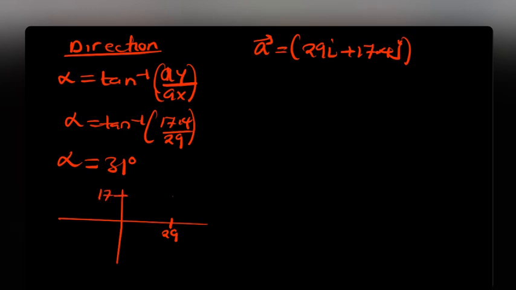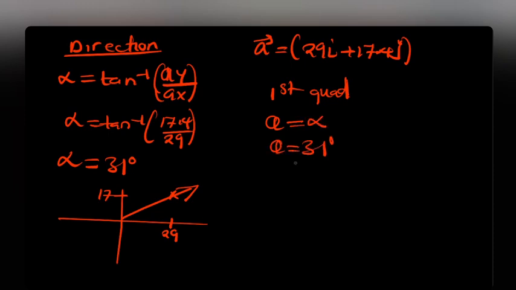When you sketch, the point is there, indicating that our angle is in the first quadrant. If you are looking for the angle in the first quadrant, we consider theta to be the same as alpha, so theta will be 31 degrees. So this one becomes the direction.